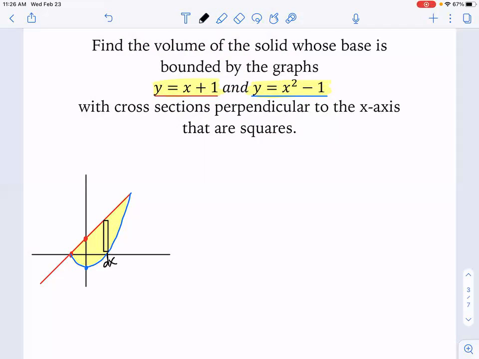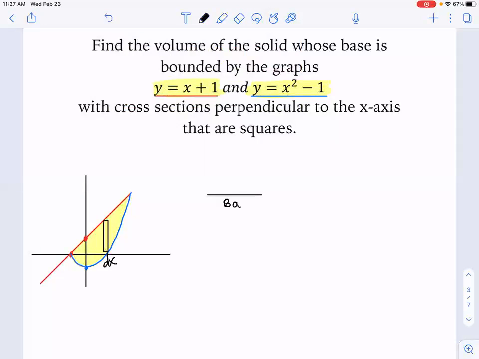Now, notice I drew that rectangle, and that is the base of whatever shape is popping up out of there. So this is the bottom of our shape, and in this case, we have squares popping out, where this is the base of our square. So I am going to draw this right here. It doesn't matter what the shape is.